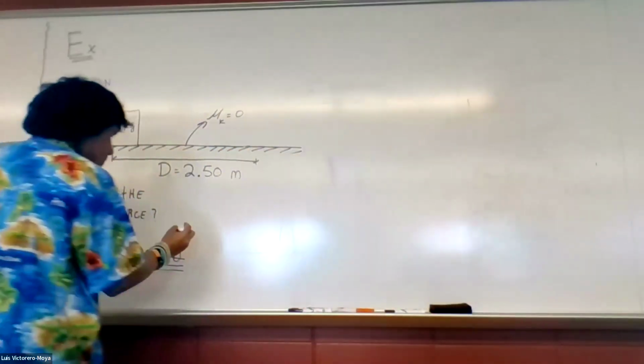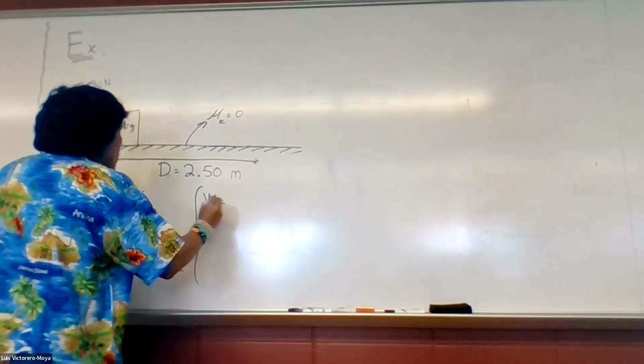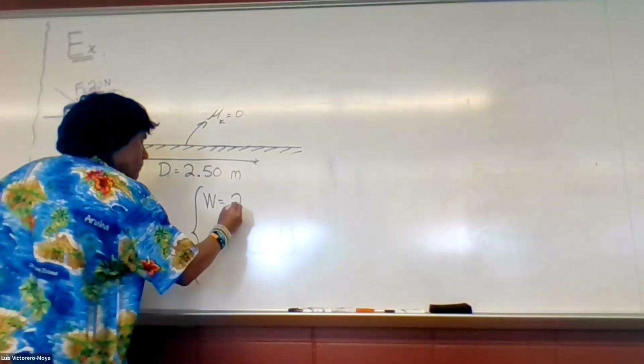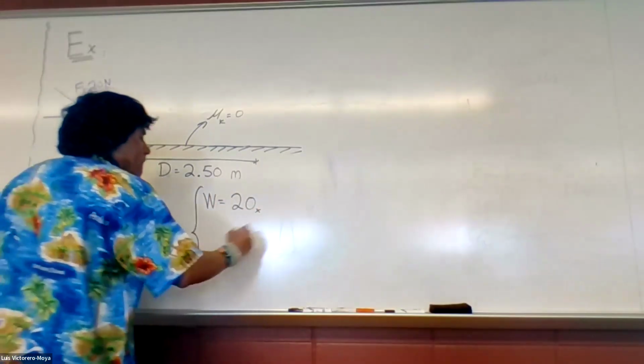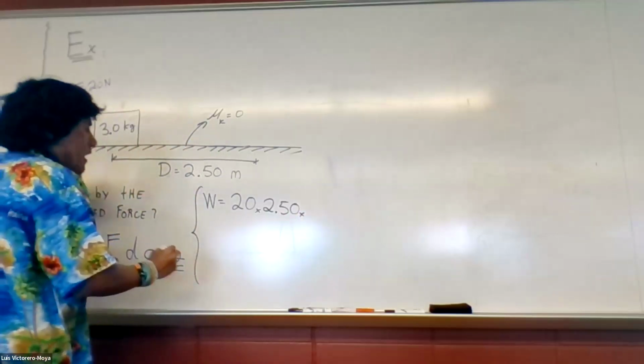So the work is 20 times 2.50 times cosine of 30.